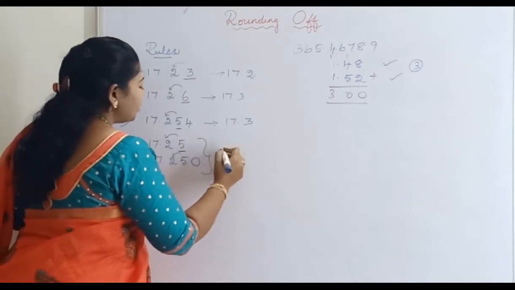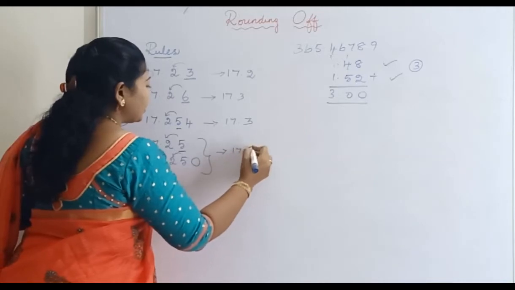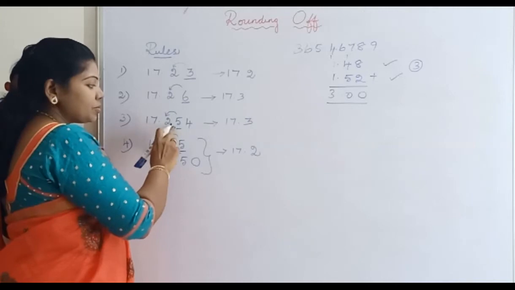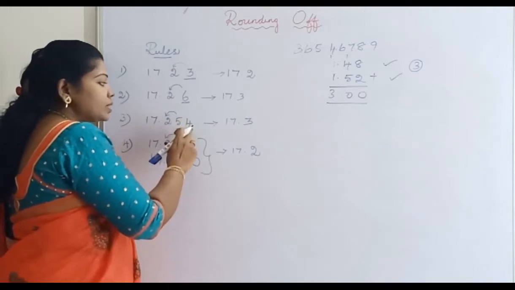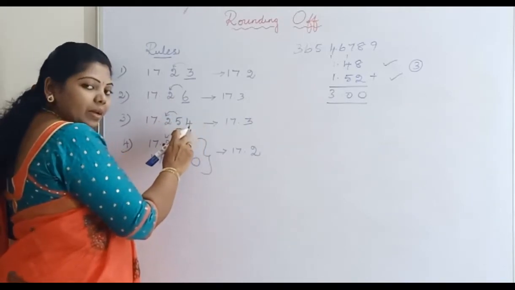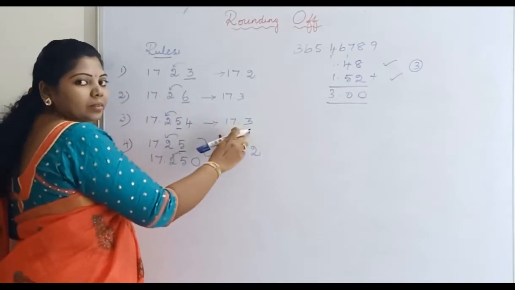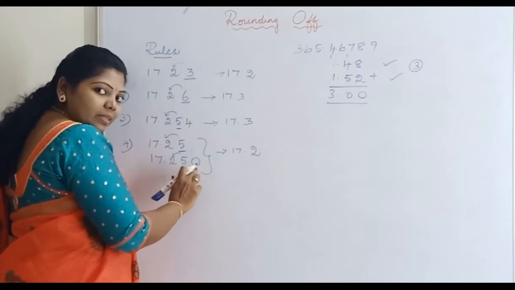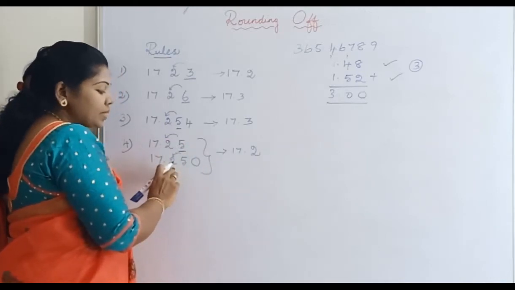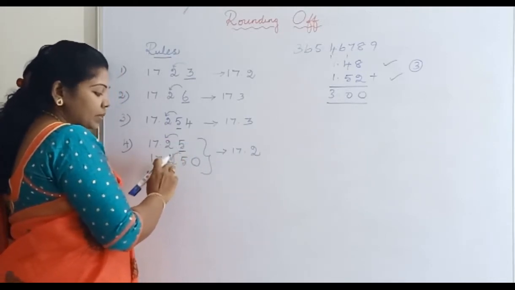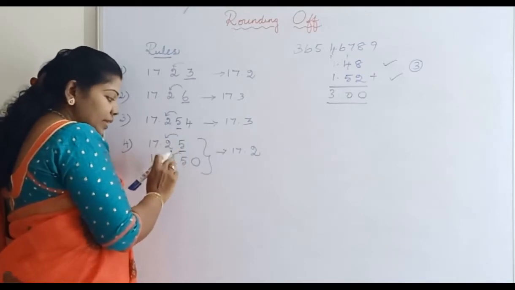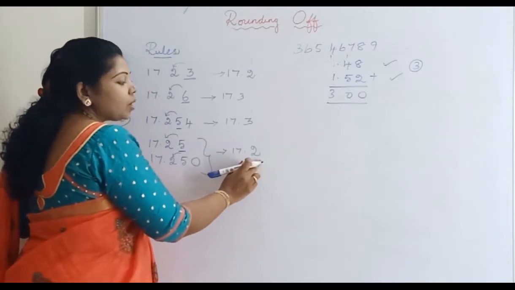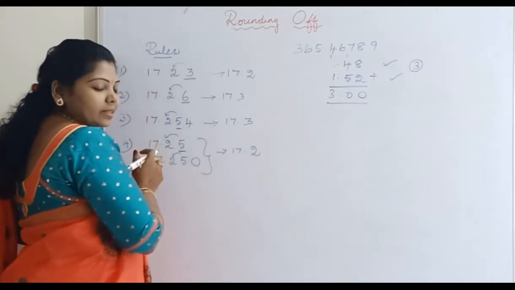So how will you round off this? 17.2. If the number is 5 followed by a non-zero number, you should add 1. If the number is 5 followed by a 0, then check the preceding digit. If it is even, write it as such, without any change.